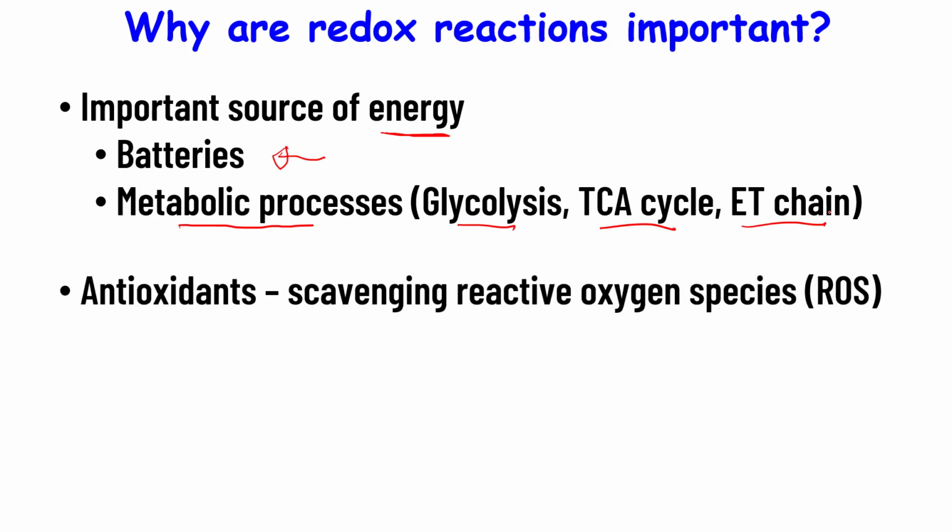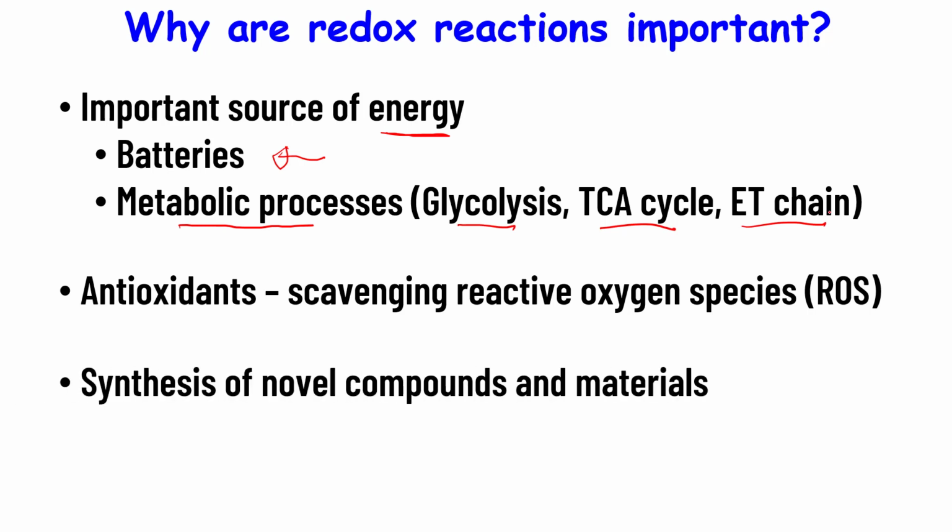These reactions also play a role in antioxidant compounds. These antioxidant compounds are very important because they help in scavenging what are called reactive oxygen species, which are pretty dangerous. If you have a lot of them, they can end up causing all kinds of disease states like cancer and things like that. So in those cases also, oxidation reduction reactions are pretty useful.